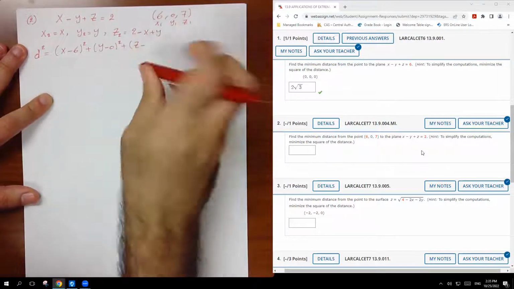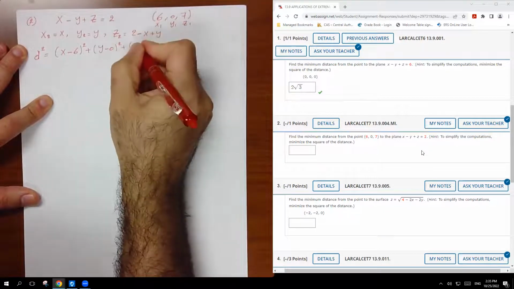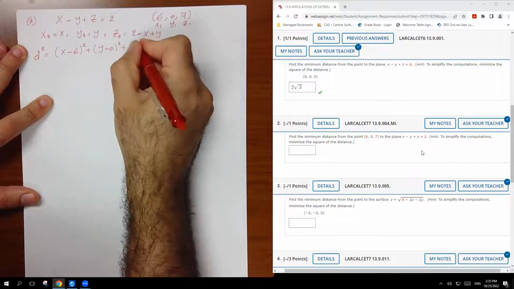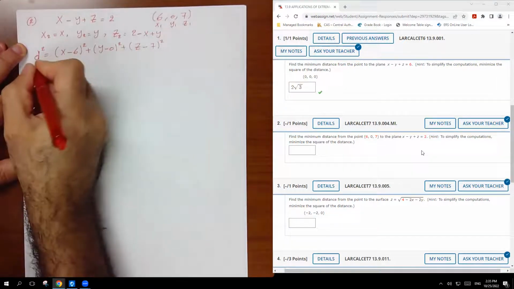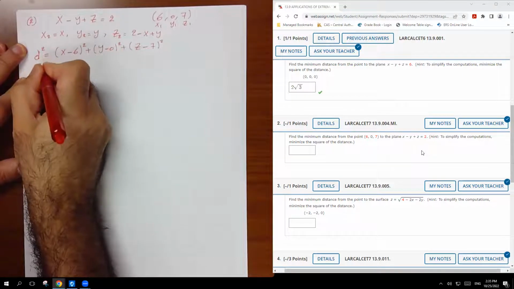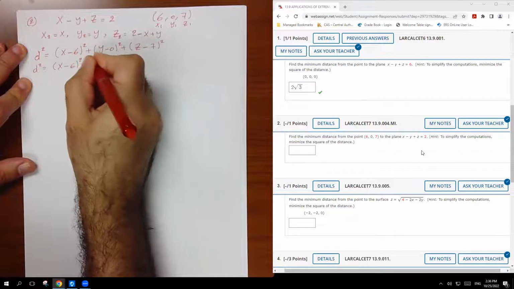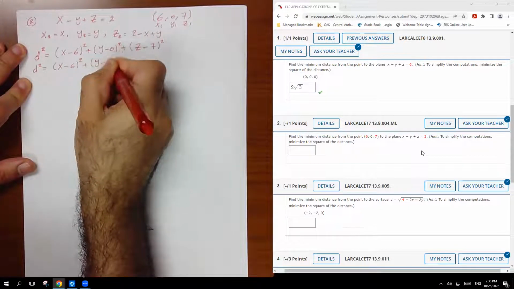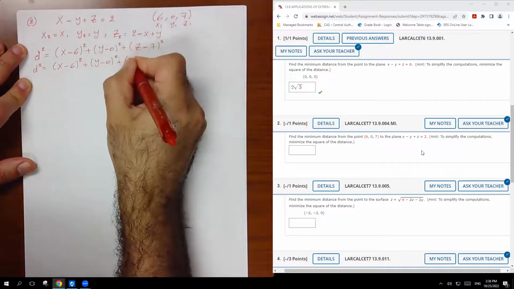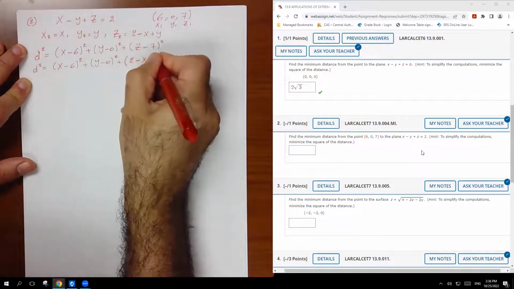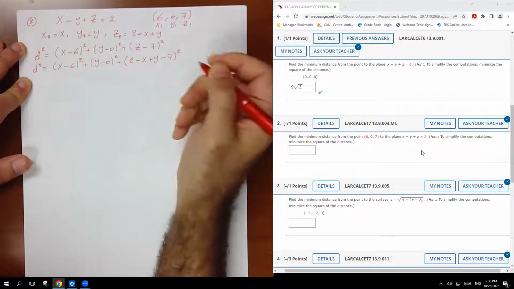Z is this amount, which is 2 minus x plus y. So I'm going to write it down: z minus 7 squared. Then d squared is going to be (x minus 6) squared plus (y minus 0) squared plus (2 minus x plus y minus 7) squared.